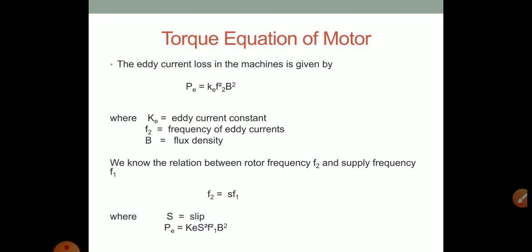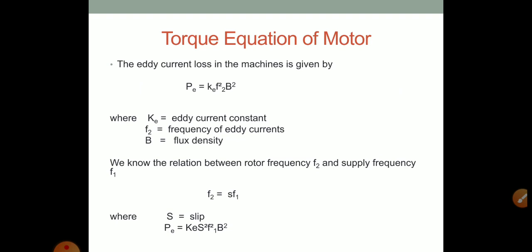Next one is the torque equation of the motor. As mentioned earlier, the hysteresis motor works on hysteresis loss as well as eddy current loss. The first loss is eddy current loss in a machine, which is given by Pe equals Ke f2 square B square, where Ke is the eddy current constant, f2 is the frequency of eddy currents, and B is the flux density.